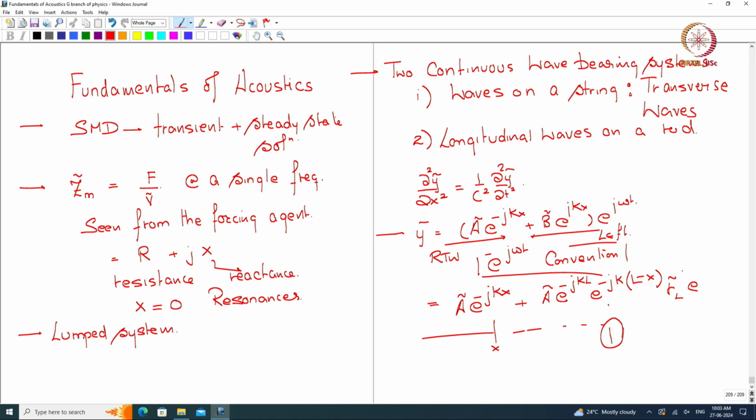Okay. So this gives me A tilde e to the power minus j k x plus e to the power minus 2 j k L, r tilde e to the power of j k x, e to the power j omega t.